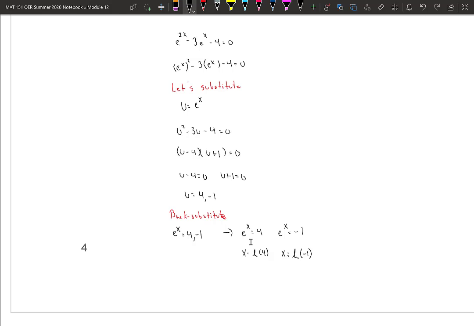We've stated before that the domain of log of x, for example, is always positive numbers from 0 to infinity. So that value, natural log of negative 1, if you plugged it in your calculator, would not work. And so we do need to remove that solution. And so our only solution then is this natural log of 4.